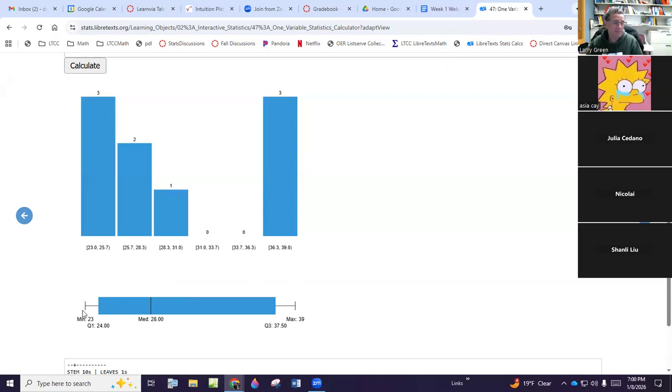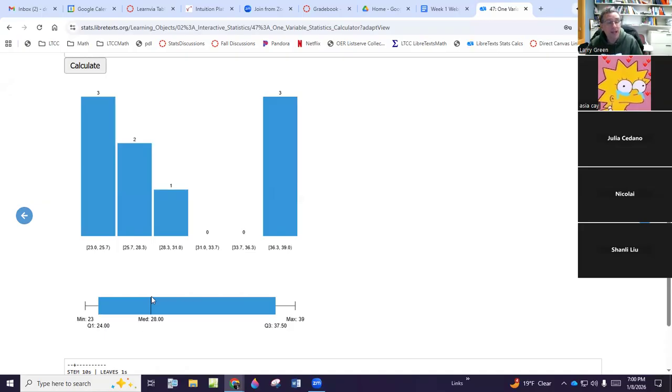So what we have is the left bar here is the minimum. And the minimum age was 23 years old. The left-hand side of this big blue box is the first quartile, Q1, and that was 24.